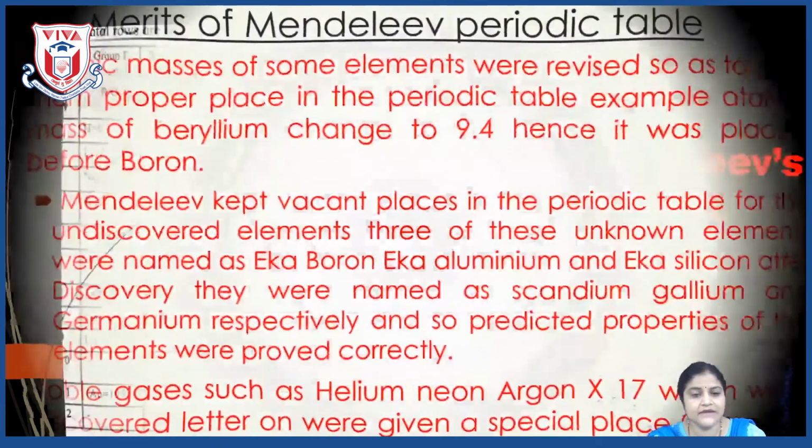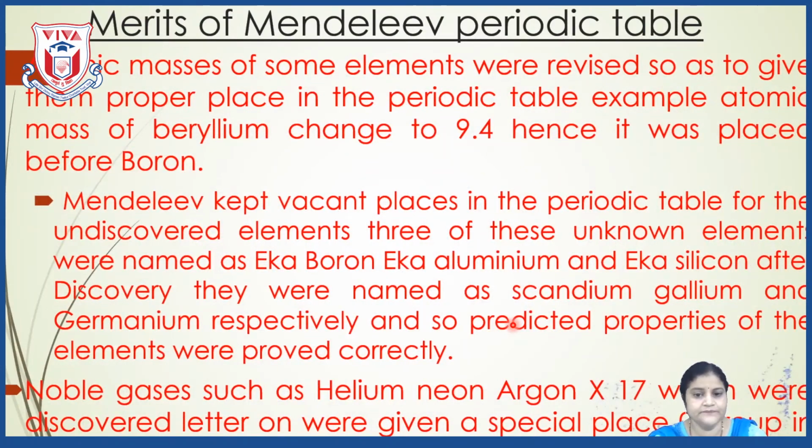So that idea came to be very important. Now he gave some names to those vacant places, and three of the names were Eka boron, Eka aluminium and Eka silicon. After discovery, they were named scandium for Eka boron, gallium for Eka aluminium and germanium for Eka silicon.